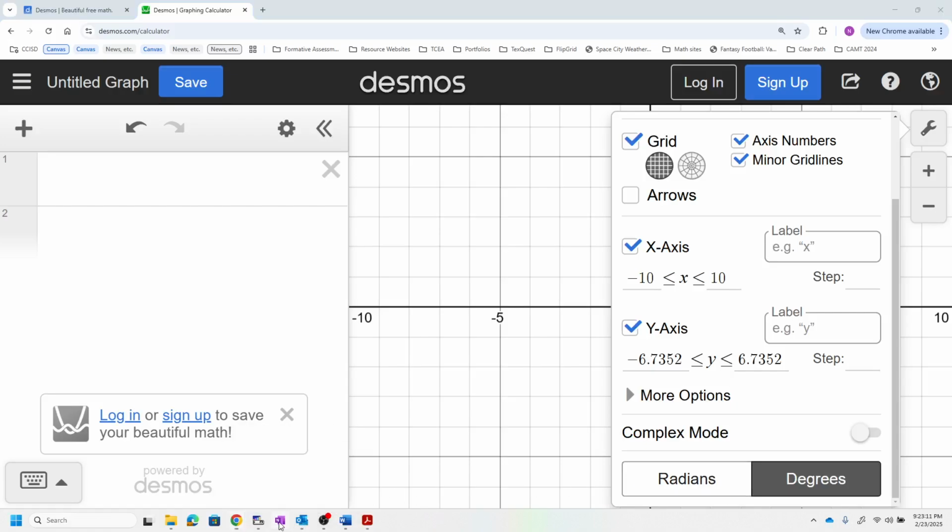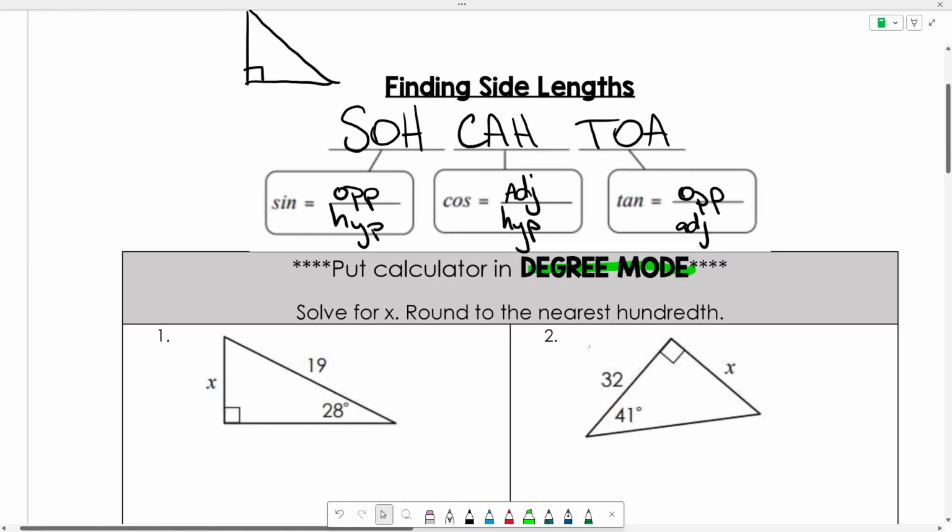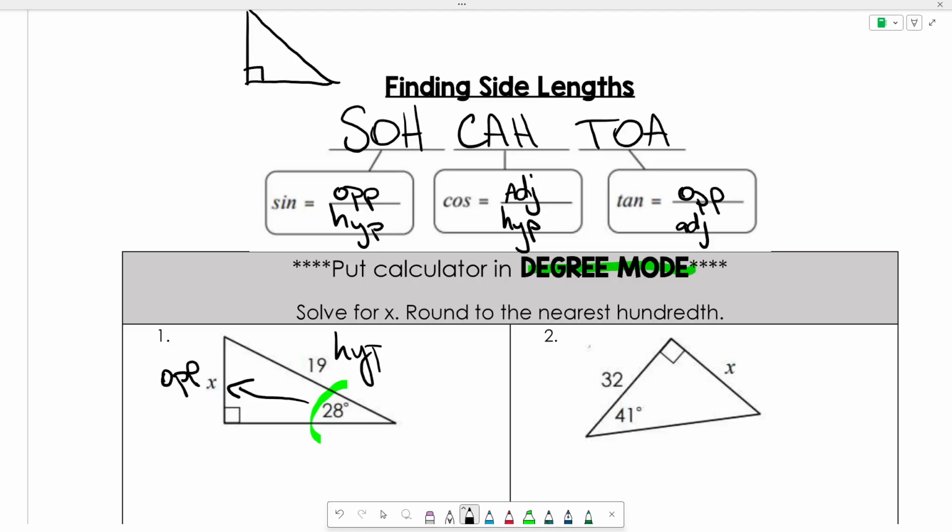So moving along back to our problems, how do we actually use these now that my calculator is set correctly? Well, this first one, I have given this angle here, and it says find the missing side. Well, this is my opposite side, and I'm given the hypotenuse. The opposite side and the hypotenuse, that would be my sine, because sine is opposite over hypotenuse.